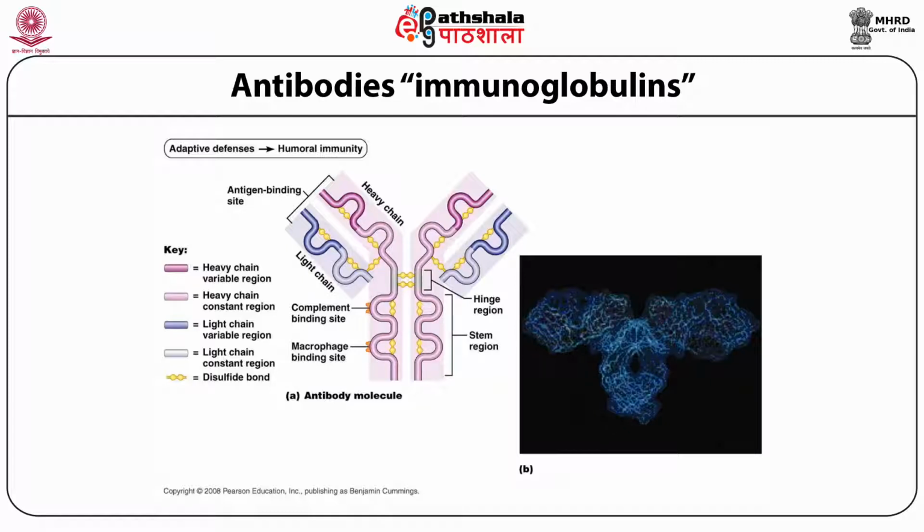That's why they are called light chain and heavy chain respectively. The light chain is made up of either kappa or lambda, and the ratio of kappa versus lambda varies from species to species.